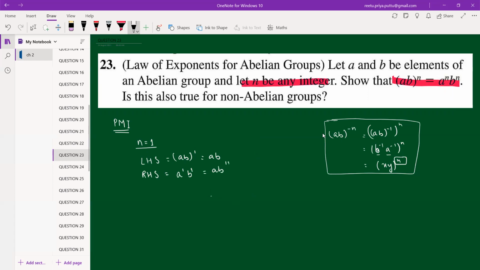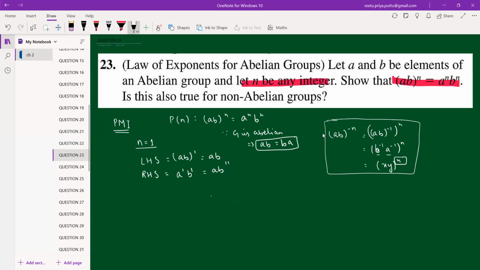Consider Pn as the statement: (AB) to the power n equals A to the power n, B to the power n. And the group is abelian. So since G is abelian, this implies AB equals BA. So we will use this.